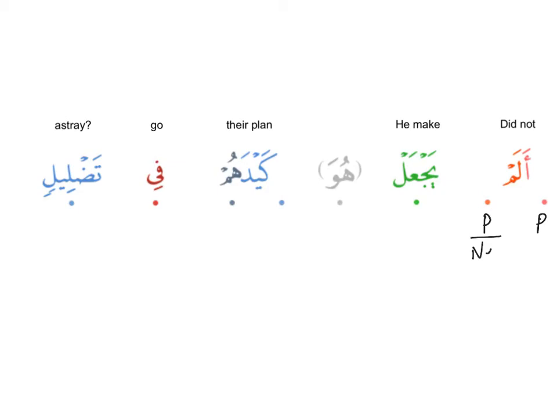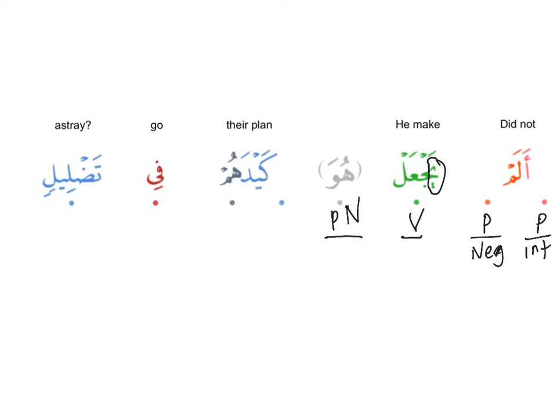And then you have a verb here. You have a verb, and then the implied pronoun, because you have the ya here, right? And then you have the implied pronoun, which is the subject of verb.